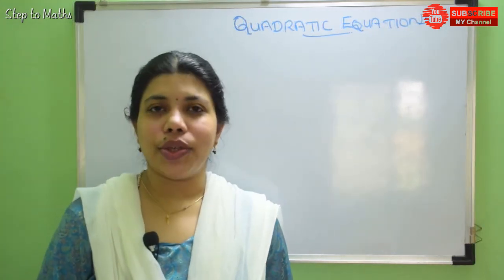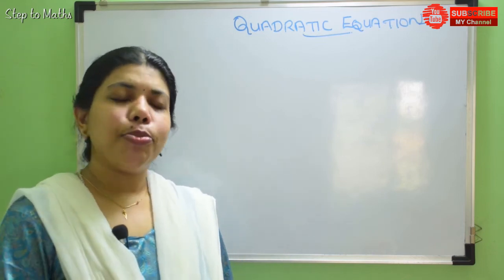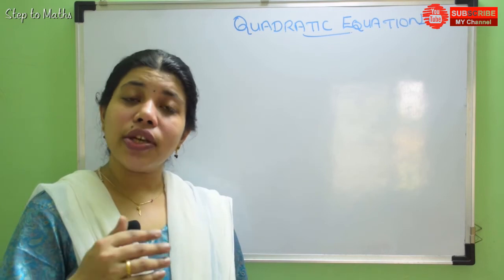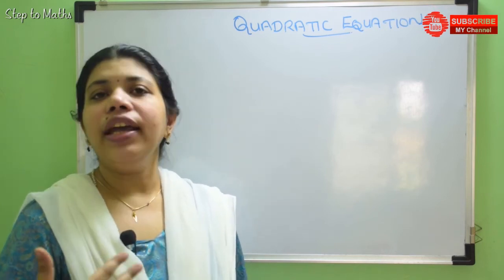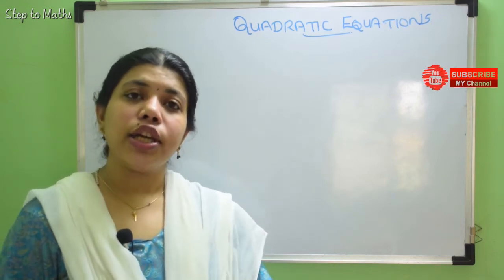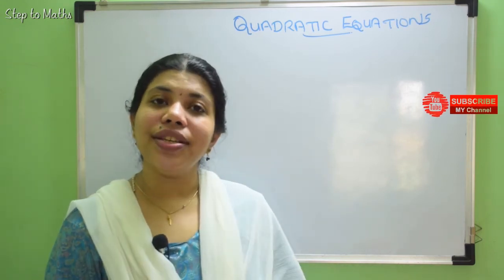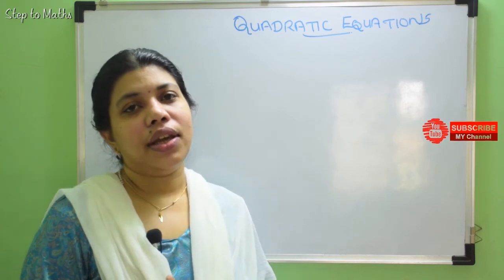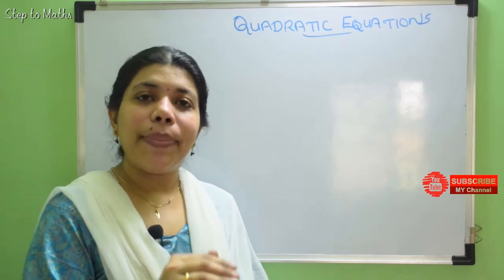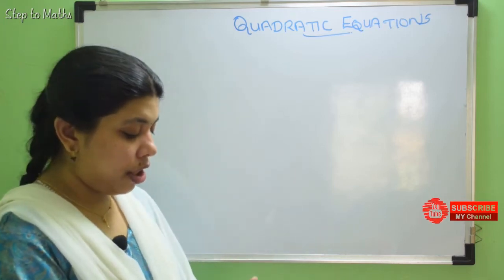Consider another situation. Suppose Rohan's mother is 26 years older than him. After 3 years, the product of their ages is 360. Then how can we find Rohan's present age?